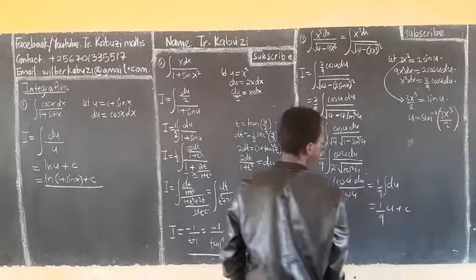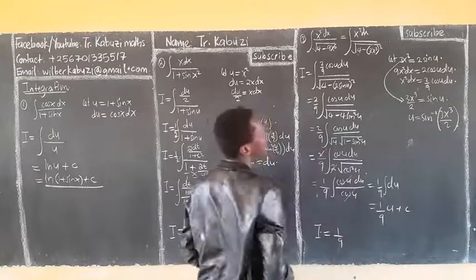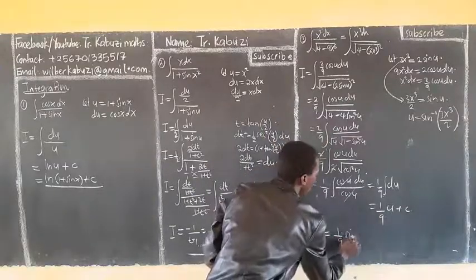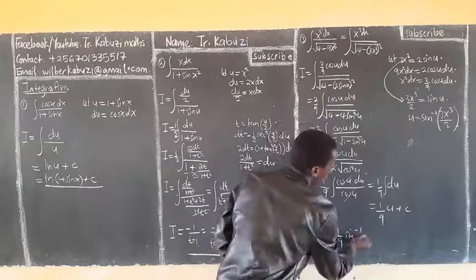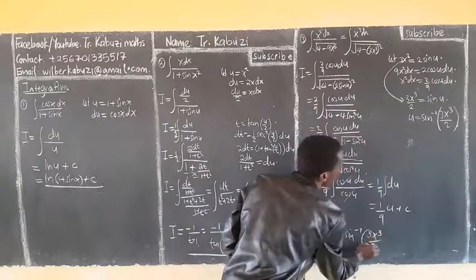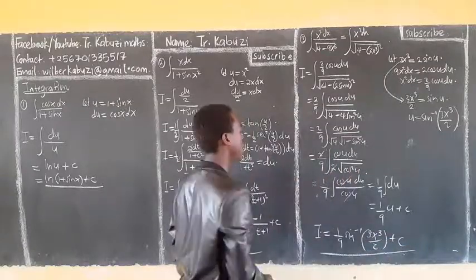Meaning that my integral will be 1 over 9 times my u, which is sine inverse of 3x cubed over 2, plus a constant of integration.